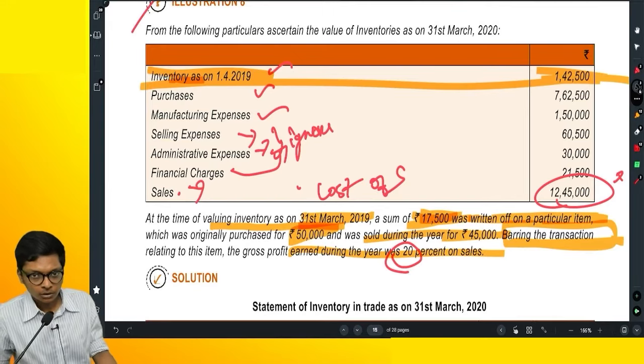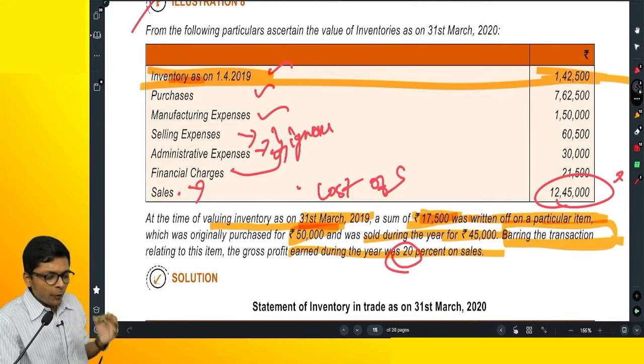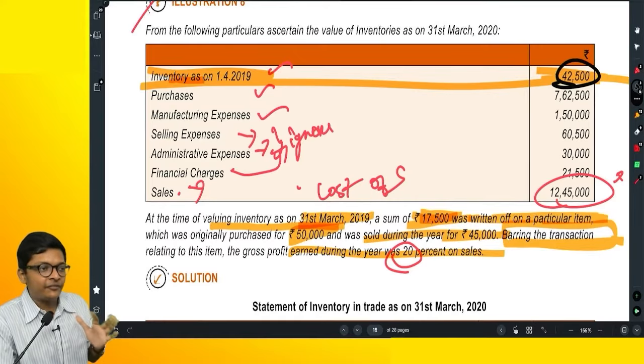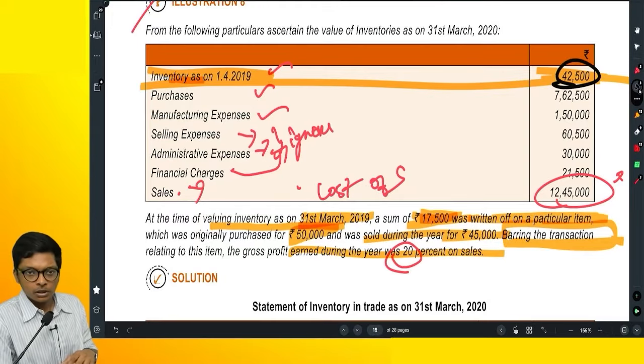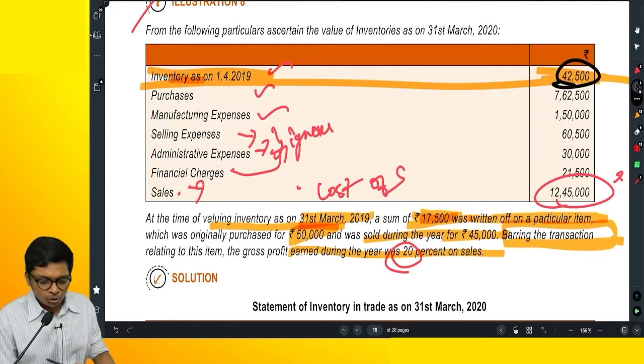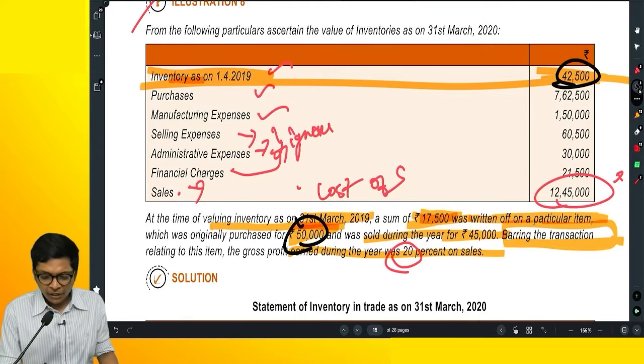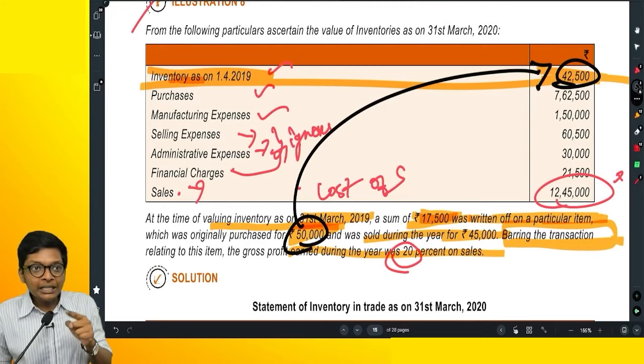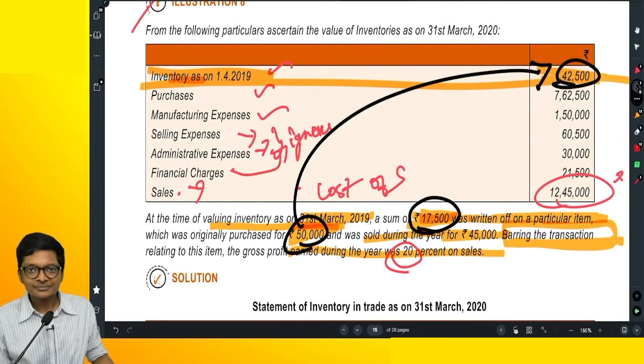Think and tell. In opening stock, how much of the anomaly item is left? The cost of the good is 50. 50 should be in this. But I already wrote off how much? So 17,500 is already written off. So what balance will there be?